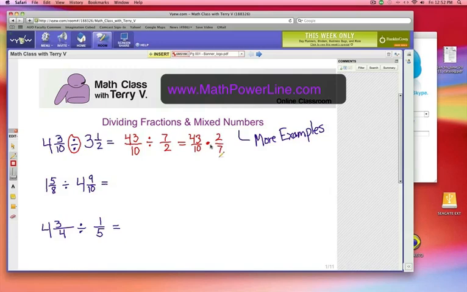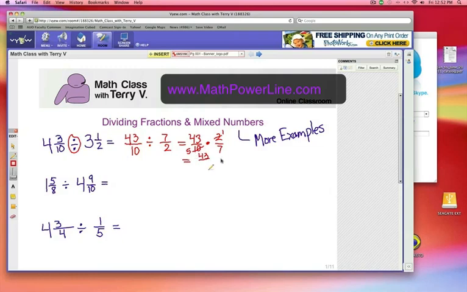So once we flip it over, change it to a multiplication, then we see if we can do any canceling here. And I notice that a 10 and a 2 have a common factor of 2. So that'll leave me with a 5 in the denominator and a 1 on the top. 43 times 1 is 43, and 5 times 7 on the bottom is 35.